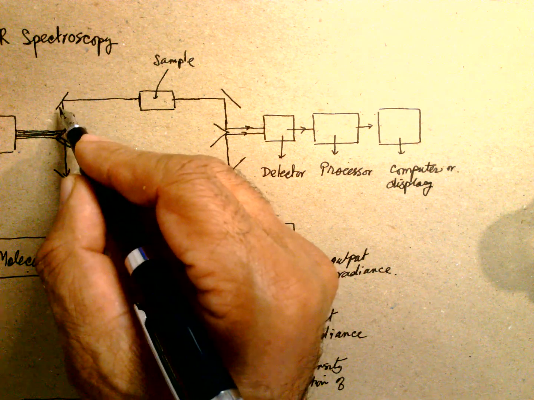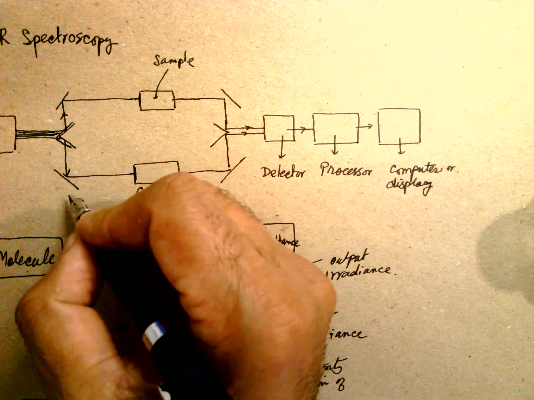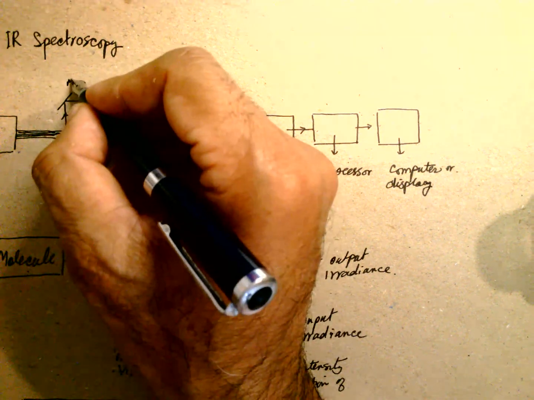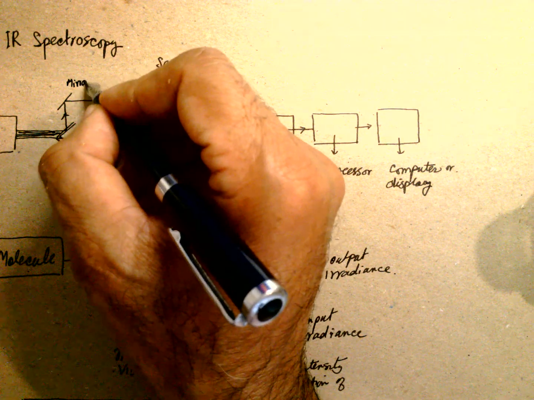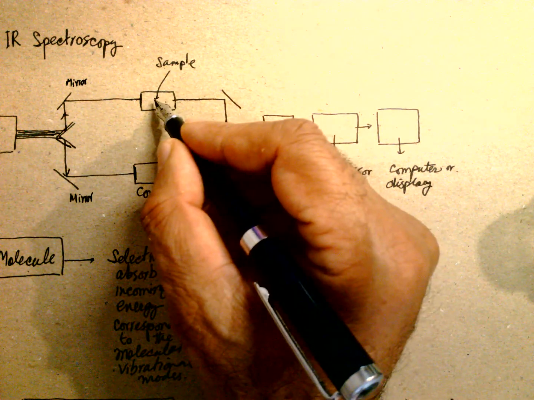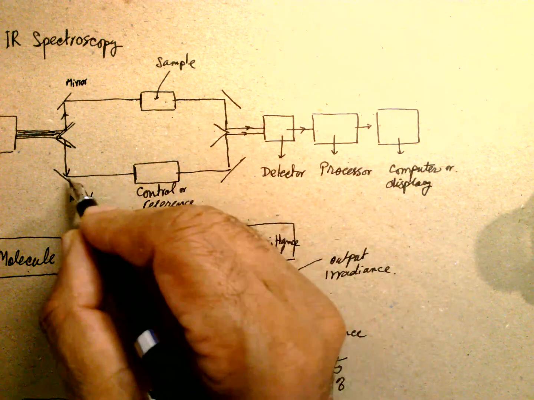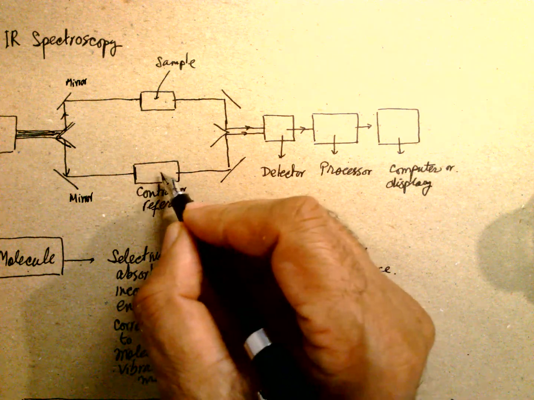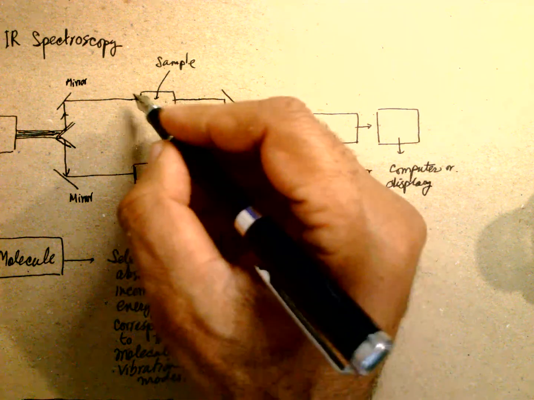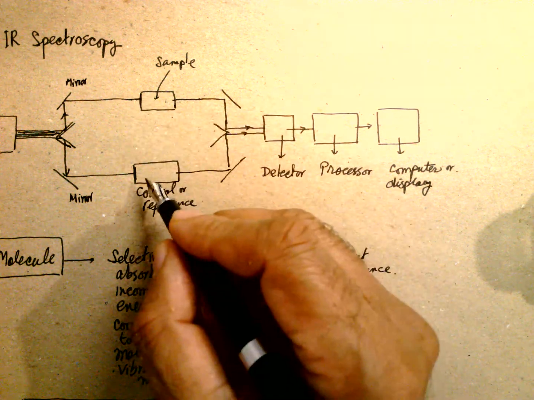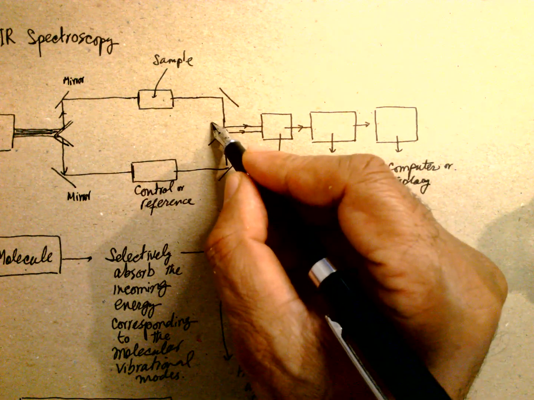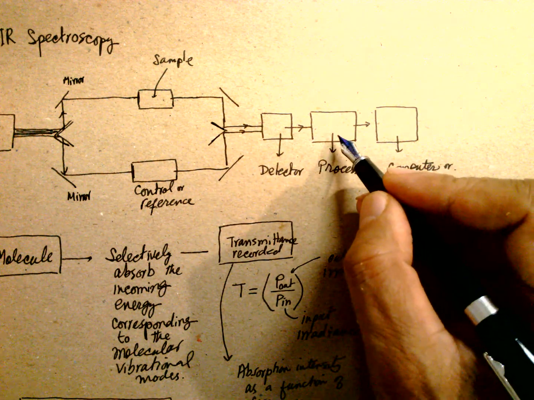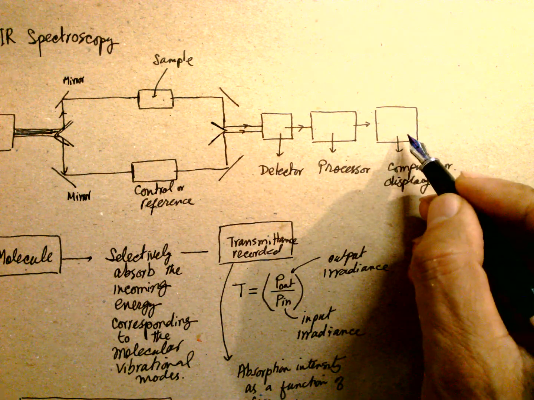This is the sample, and this is the control, with no sample, just an empty cavity. Then a beam splitter sends the light to the detector, then a processor, and then a display.